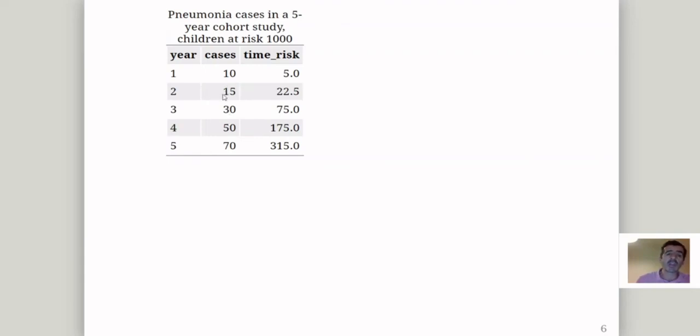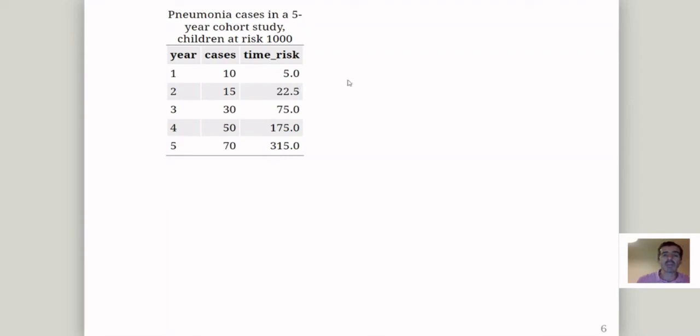So for the kids having asthma the second year there were 15, and so the contribution will be 15 multiplied by 1.5, and it's going to be 22.5 times years at risk.